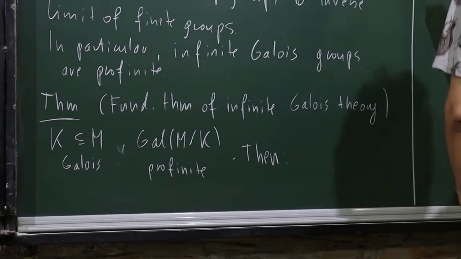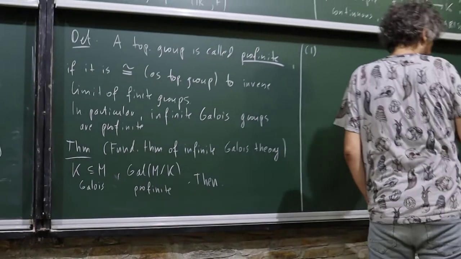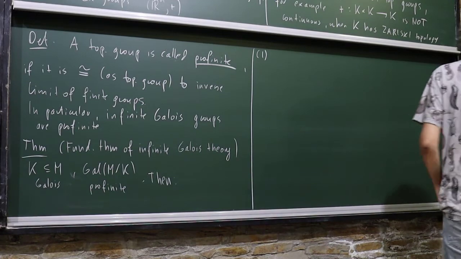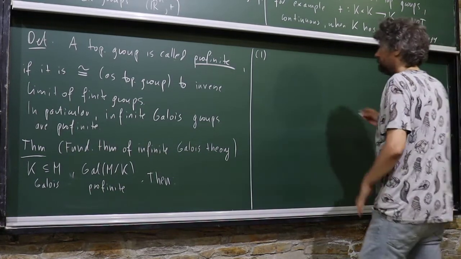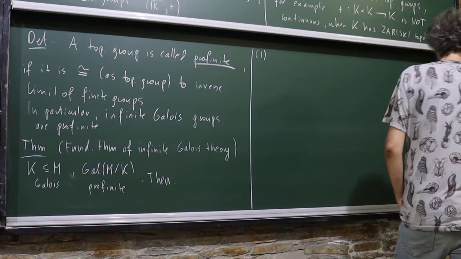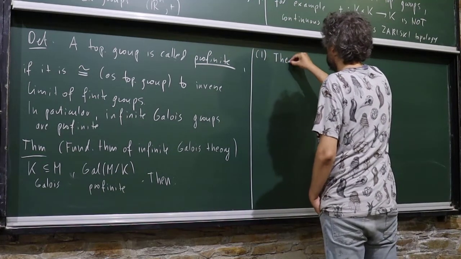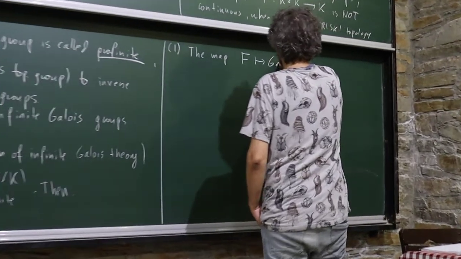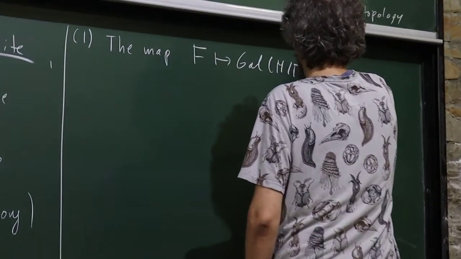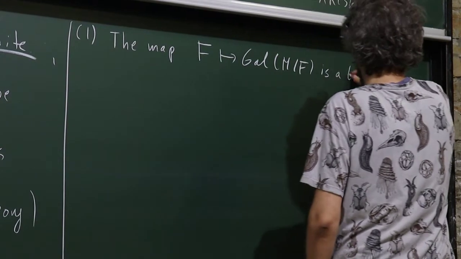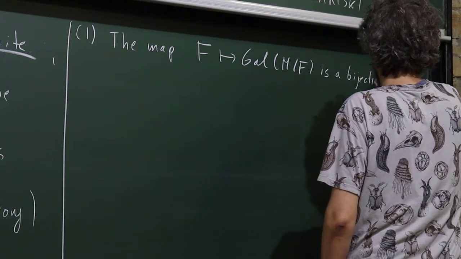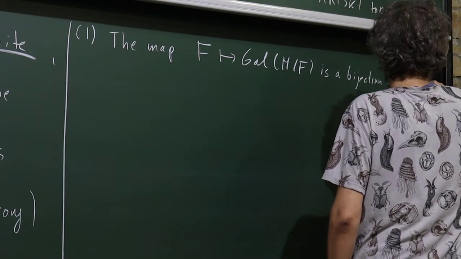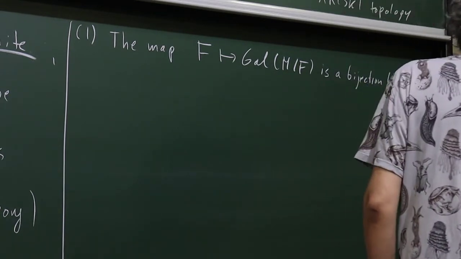Most important, the Galois correspondence is true with one correction. So the map F goes to Gal M F is a bijection between two things.